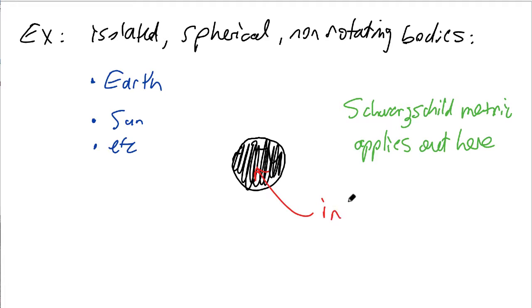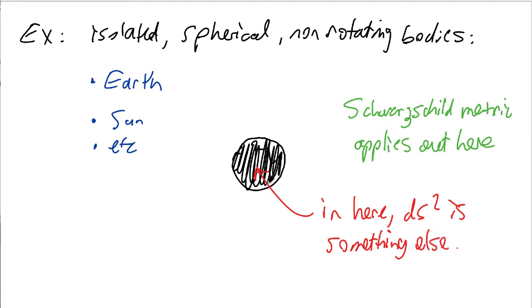So in here, inside the body, the metric ds² is something else. And in principle, we can find out what it is by solving the Einstein equations. And the answer will depend on the details of how the matter is distributed inside, and it can also depend on the stresses inside and so forth. But remarkably, the geometry out here doesn't depend on any of those details. It only depends on the total mass.